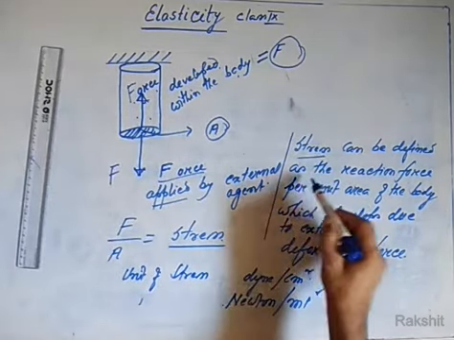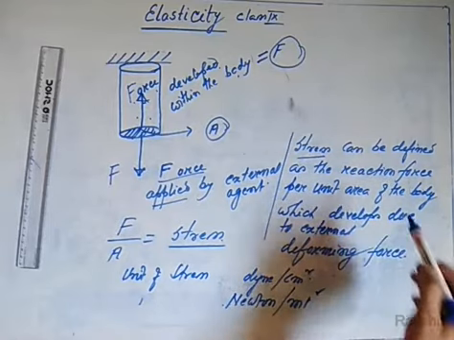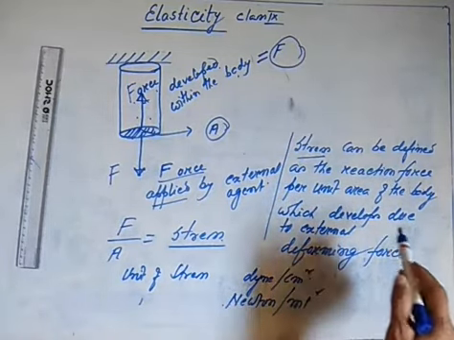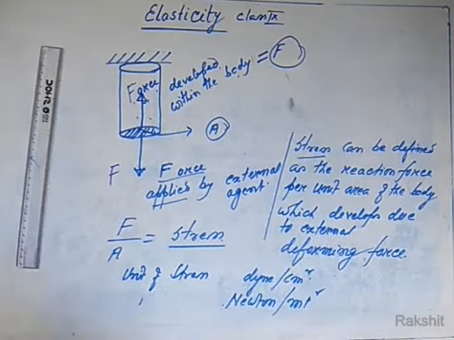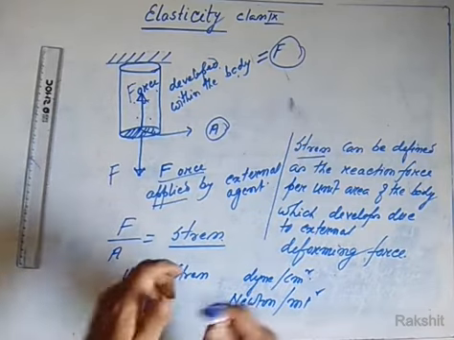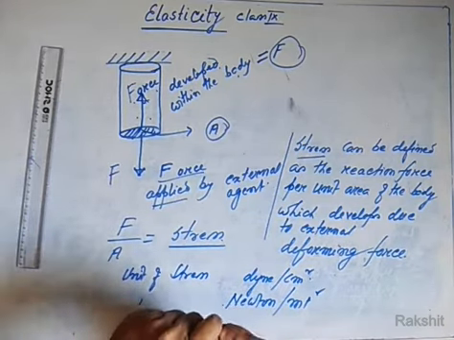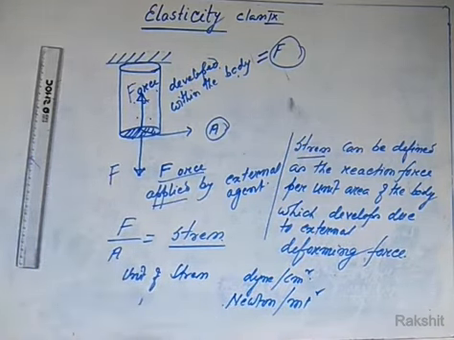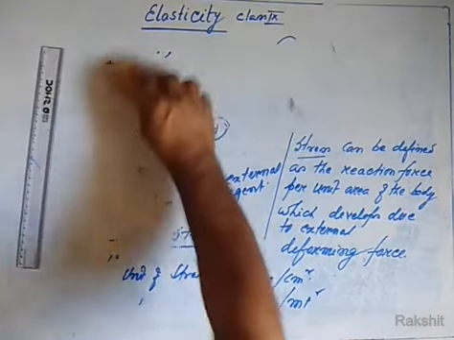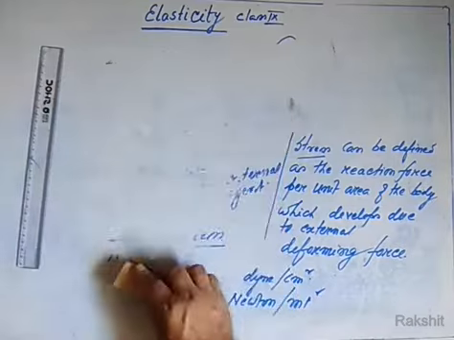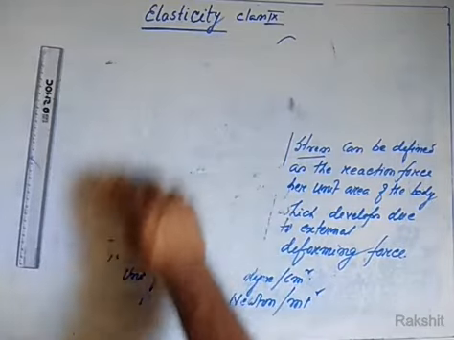Stress can be defined as the reaction force per unit area of the body which develops due to the external deforming force. Without presence of external deforming force, stress cannot develop. So stress is the outcome of external deforming force.